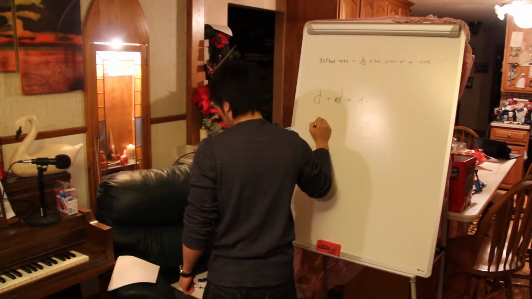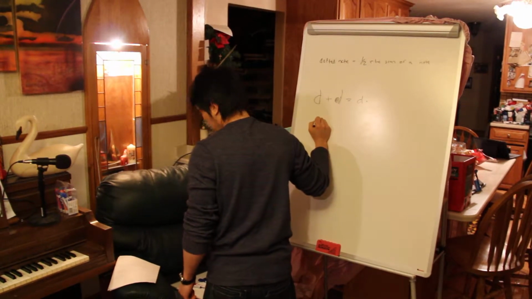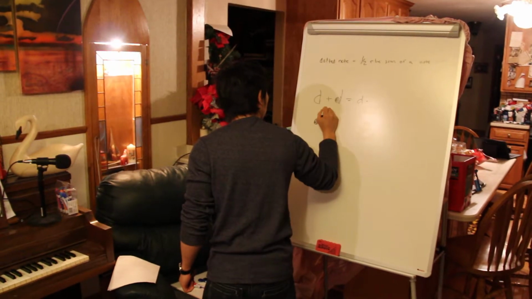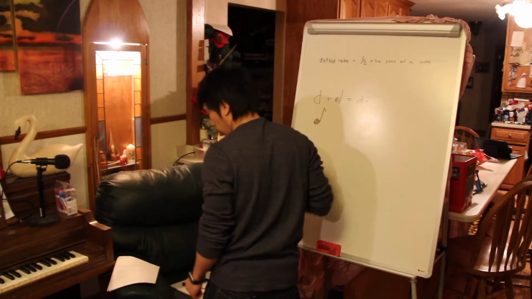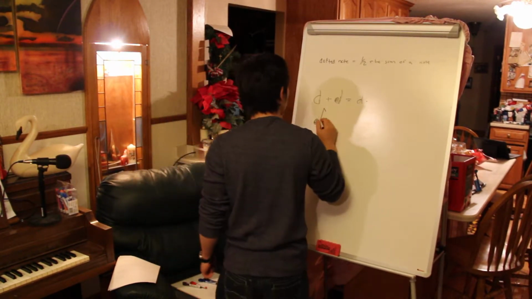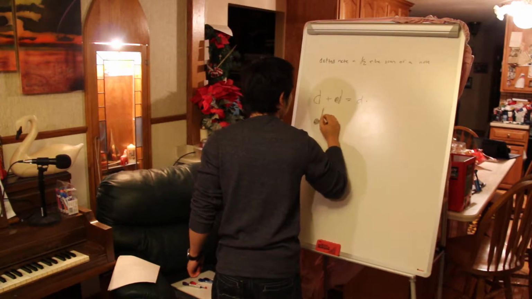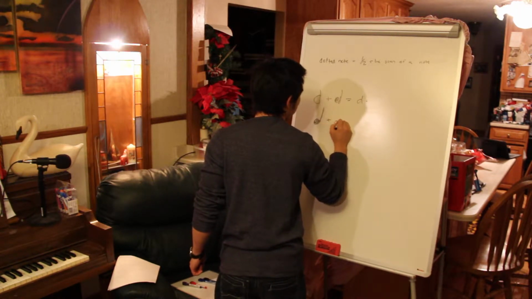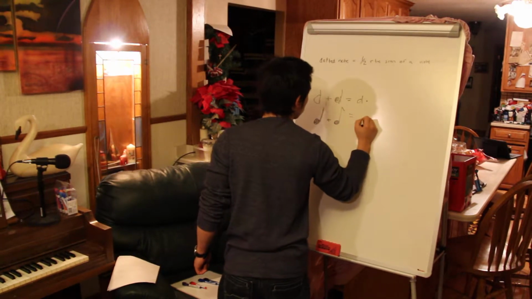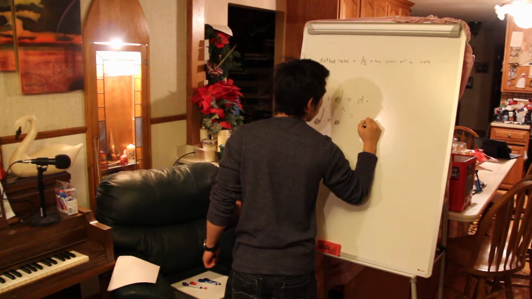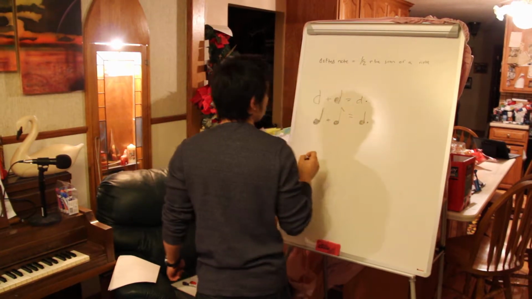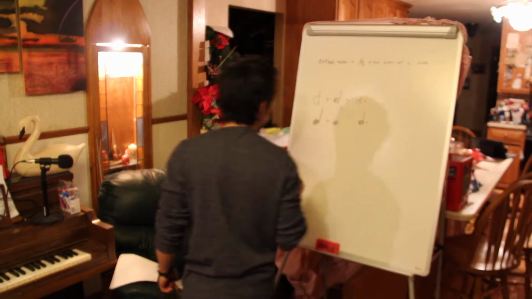And then you've got a quarter note plus an eighth note, which equals a dotted quarter note.